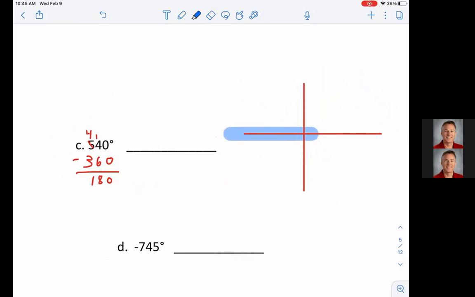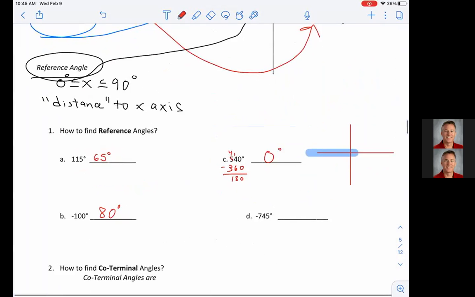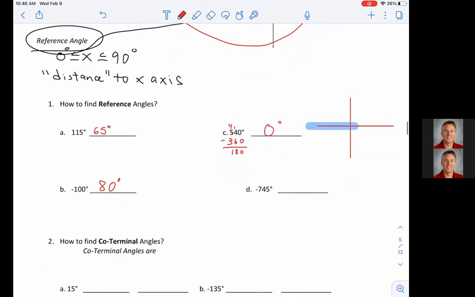Well, how far away is it from the x-axis? 0 degrees. So we would have a 0 degree reference angle. So again, the reference angle is how many degrees it is away from the x-axis. And so your answer is always between 0 and 90, inclusive of 0 and 90.